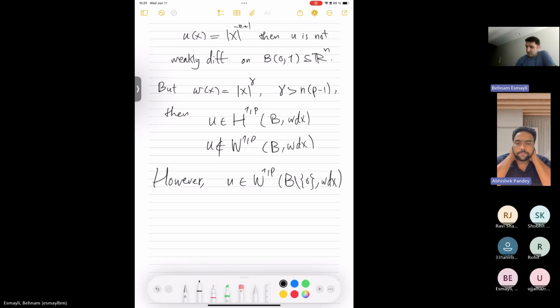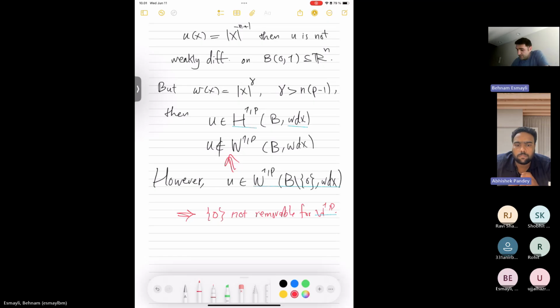So what this means is that the one point origin is not removable for W1P. And that is kind of a dead end, because if you cannot have one point removable, what else can you?